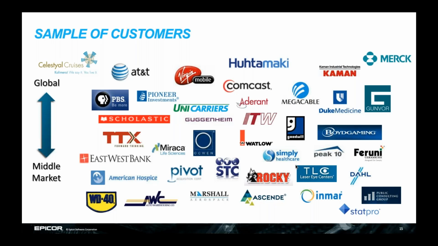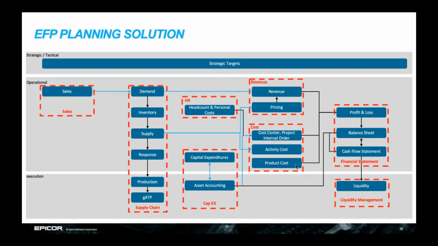And WD-40, the spray lubricant guys that you would find in any petrol station. So they are a big variety of customers, but they have the common thing that they mostly come from spreadsheet type of work, or they have upgraded from an older budgeting and planning solution that is not integrated.